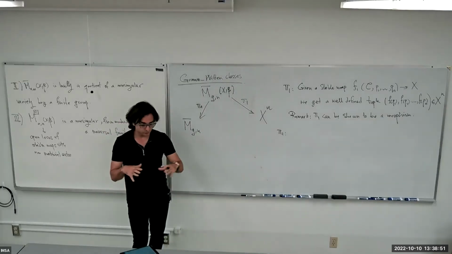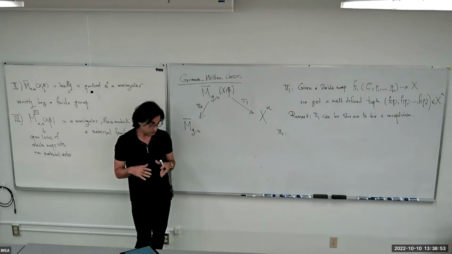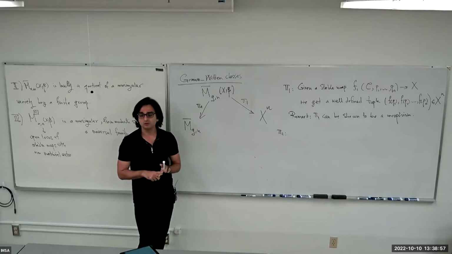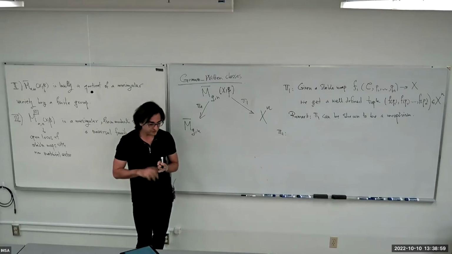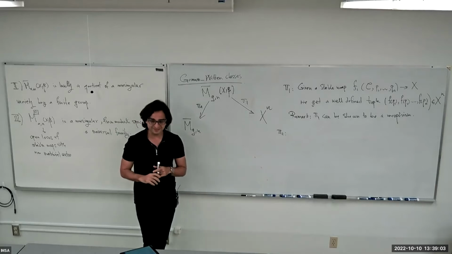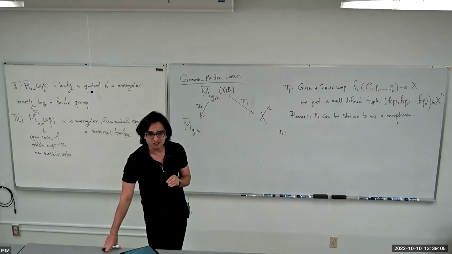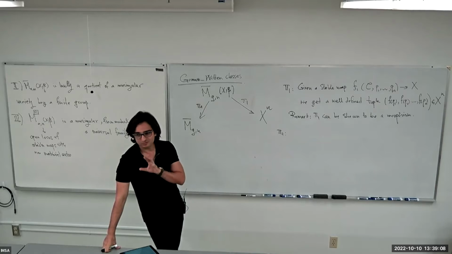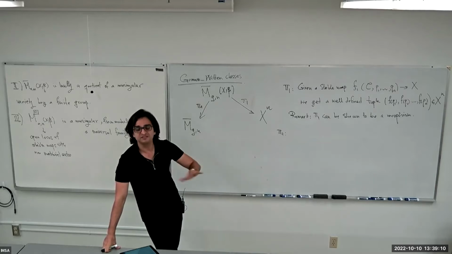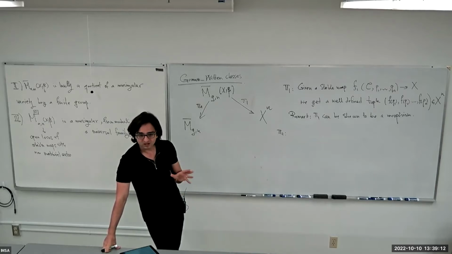This curve could be reducible. Its irreducible components could be genus 0, genus 1, or higher. If it is genus 0, how many options do you have? Either your map is non-constant, in which case you know exactly where it goes, it's fine, or constant.